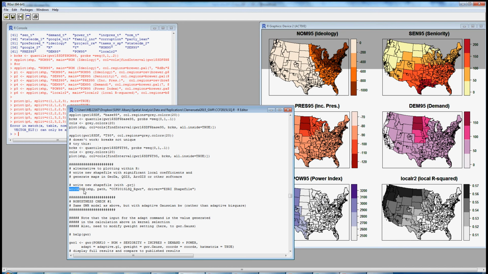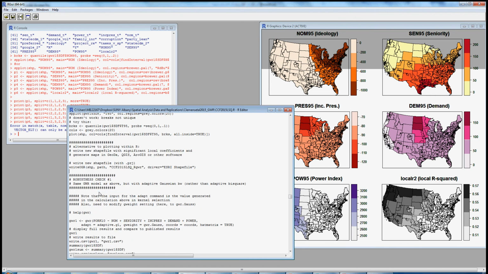So you'd use the command writeOGR. You're going to write your shapefile object with all your new variables in it using the path that we defined early on in this script. You could call that new shapefile anything you want. This is the name that I've used for it here using this driver. So with this syntax right here, you would write out a new shapefile with all of your GWR findings.